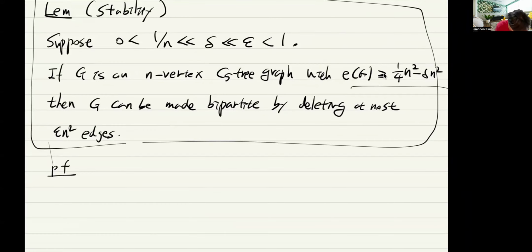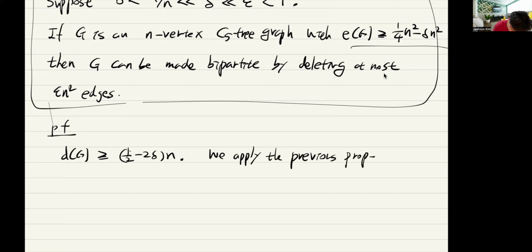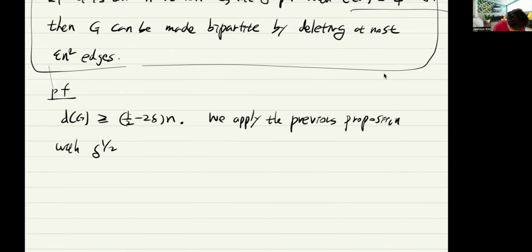From this, what do you get? We know that the average degree of G is bigger than, say, half minus 2 delta, and then we apply the previous proposition with, say, square root of delta in the role of epsilon.